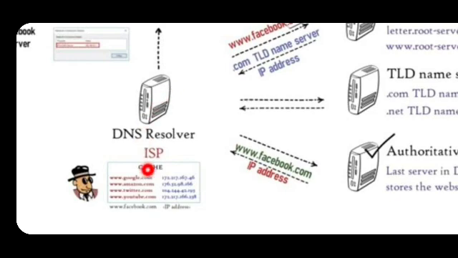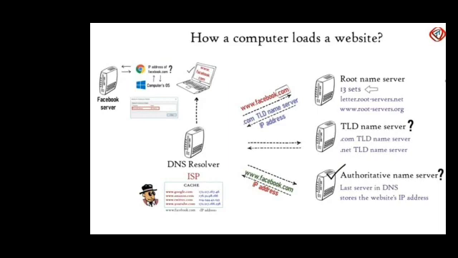But if the cache memory of the DNS resolver does not have the IP address of that specific website, then it will send a query to the root name server, saying that this person is asking for the IP address.